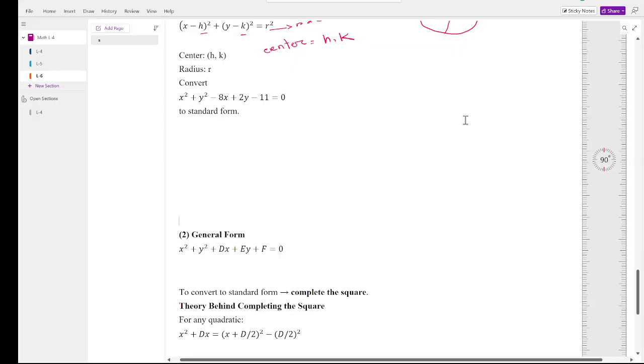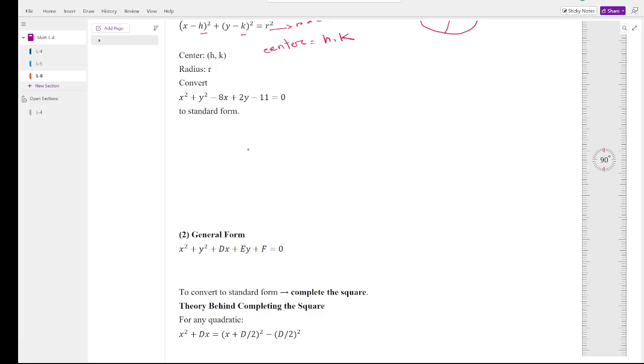So how can we find this one? We can put together x and put together y.